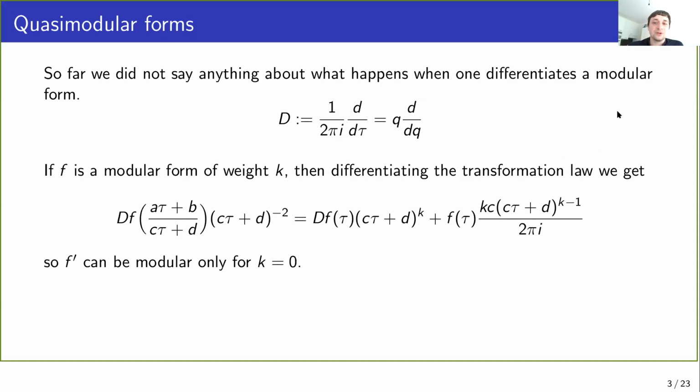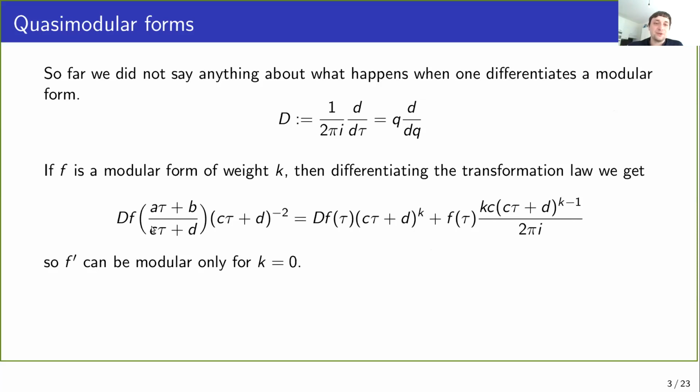Let's say we have a modular form of weight k, and let's apply this operator to it. A simple calculation shows that the modular transformation property breaks down, but in some cases it still works. What happens if you differentiate the modular transformation law?